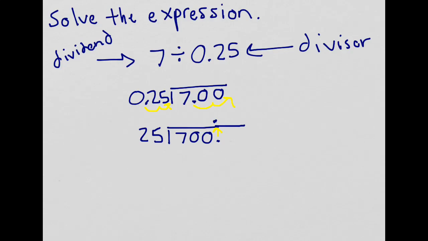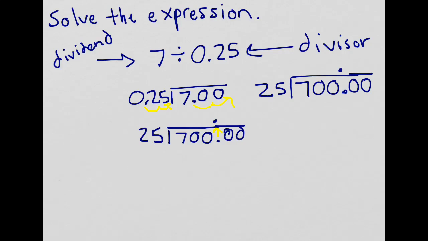I can also put zeros behind. It won't really change anything. I might have to keep dividing. I might stop at the decimal. It just depends. So let's put, and I'm going to even put it up over here so I have more room. So I've got 700. I put a decimal above and below the line. I add a couple zeros after it, just in case, divided by 25.